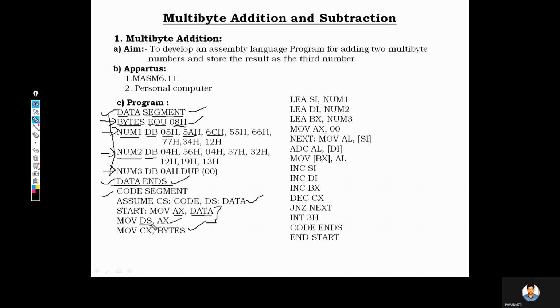Because the data segment is there inside the RAM, but we don't know from which location that segment starts in our 1 MB of RAM. We know that there is a data segment, but we don't know where it starts. That will be taken care of by the data segment register. So it will hold that address with the help of these two statements.